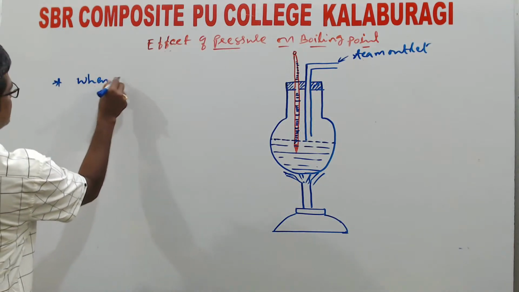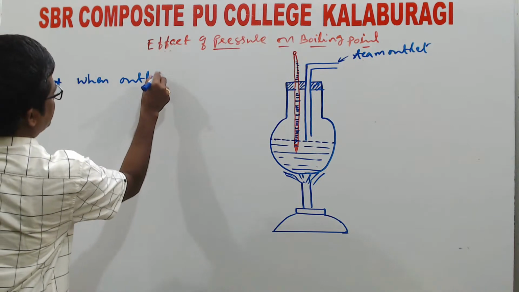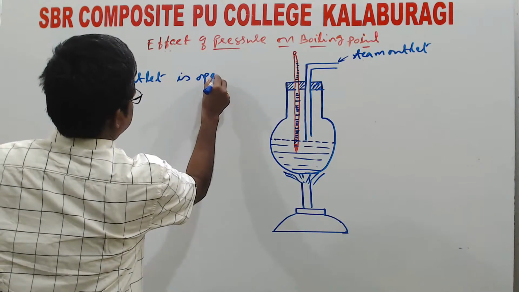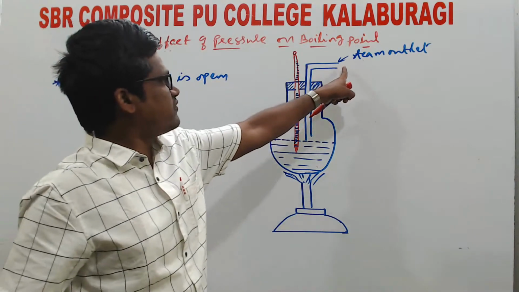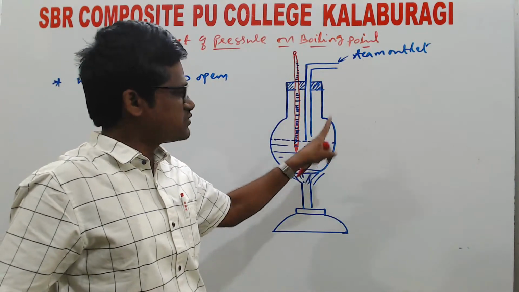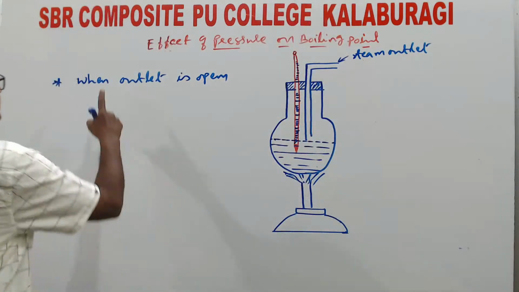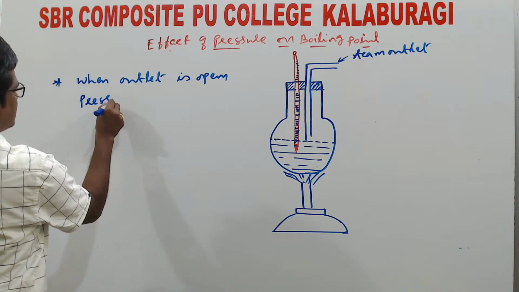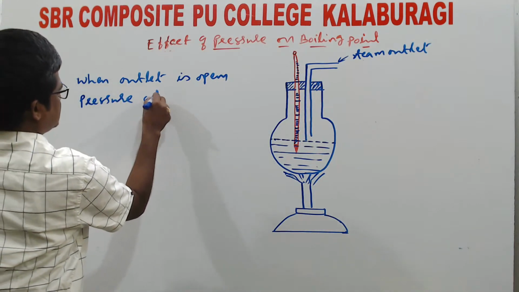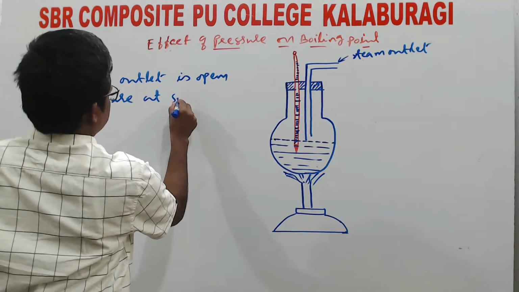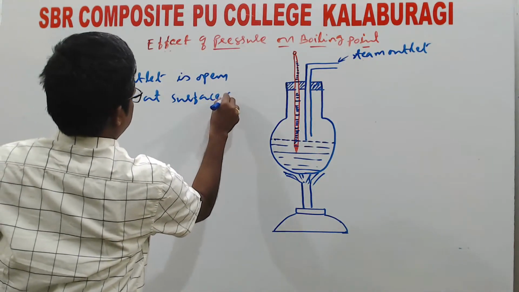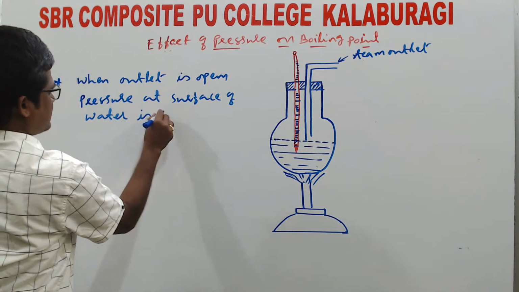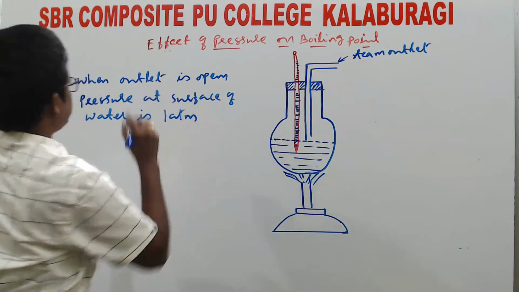When outlet is open, definitely pressure at the surface of water is 1 atm. Right? 1 atm.